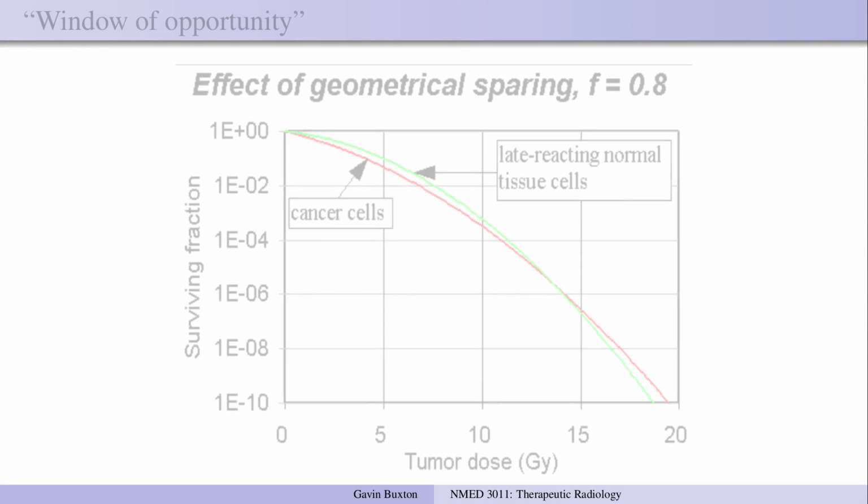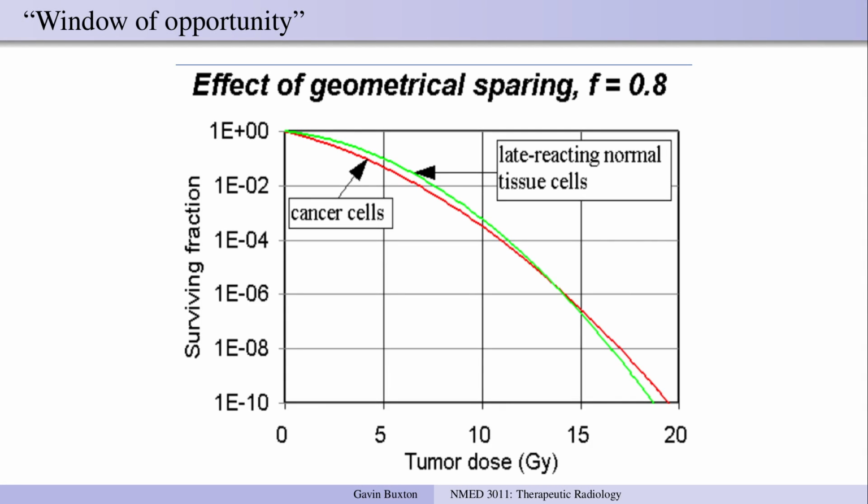So what effect does this have on the window of opportunity? With just a small 20% sparing of normal tissue, or a geometrical sparing factor of 0.8, the two curves move slightly further apart. Note the scale on this graph is really quite large, so they don't look as far apart as they might have done on a smaller scale plot.